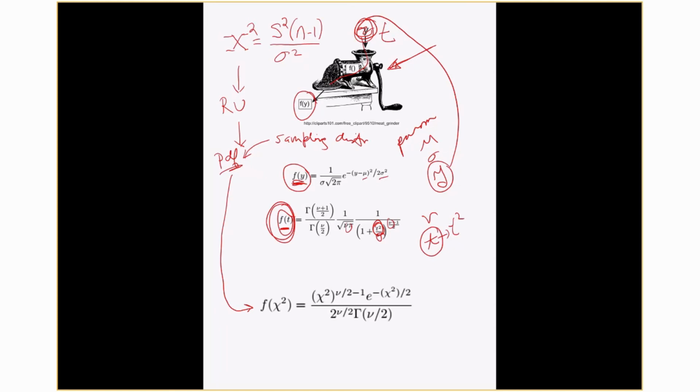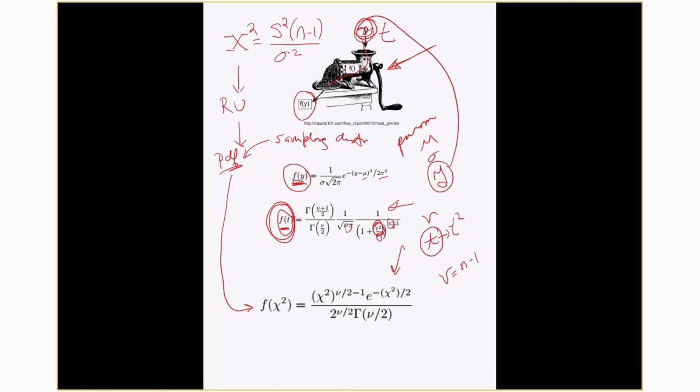Now, as it turns out, in some ways there are some similarities between a chi-square distribution, shown down here, the probability density function of that, and the probability density function associated with the t-distribution. One thing they have in common is they have a single parameter, and that single parameter is nu, which is equal to the number of degrees of freedom, which is equal to n minus 1.